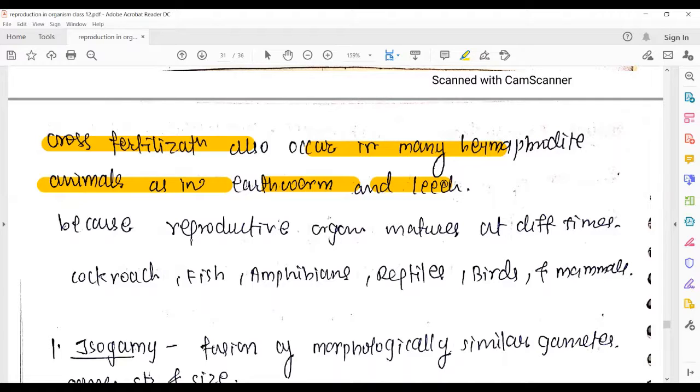Suppose one particular earthworm has already developed its male sex organ first, so it will be in search of another earthworm in which the female reproductive structure has already developed. So cross-fertilization will be favored, because the reproductive organs mature at different times, that is what I mean over here. Then cockroach, fish, amphibians, reptiles, birds, and mammals are further examples given to you.